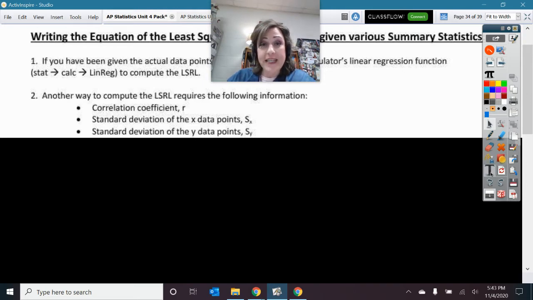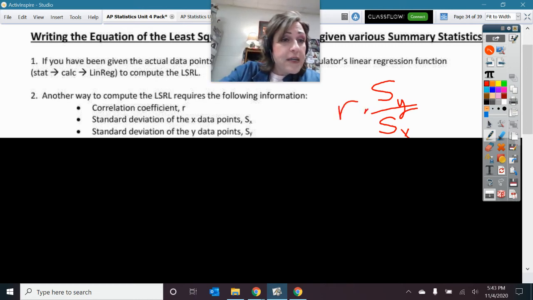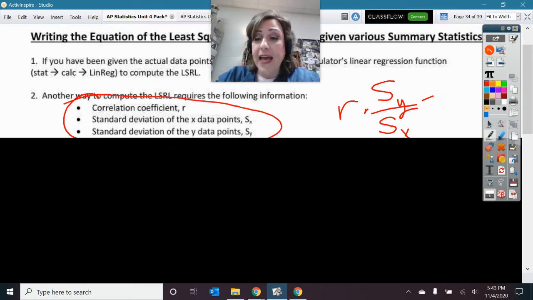So instead of rise over run, difference in y's over difference in x's, it's going to be the variability in the y's over the variability in the x's times how well that data is correlated. So we can take these three things right here and get that slope. That's the first big thing.